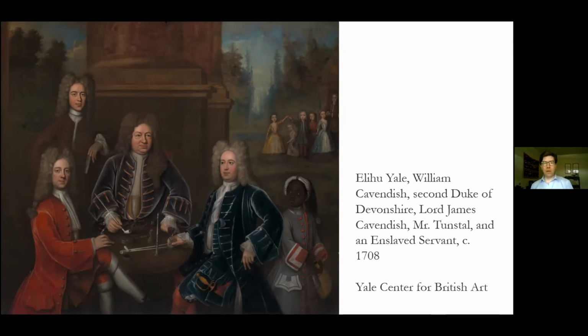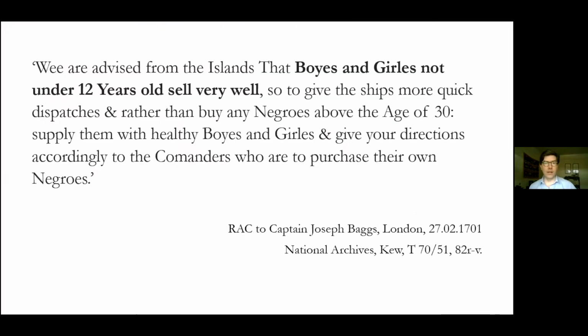But in my research, I found quite a lot of reference in the papers of the Royal Africa Company at Kew to gifts of boys to people in Britain. And so it's very different to this traditional framework of what the plantations want in terms of age and working capability.